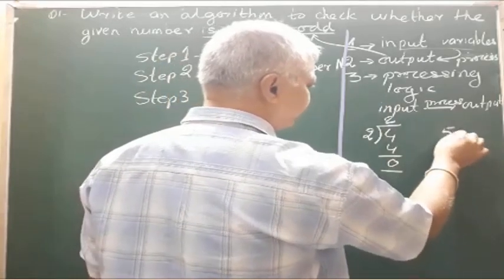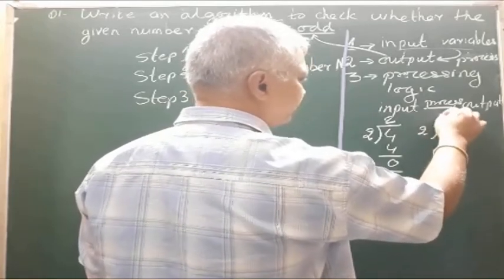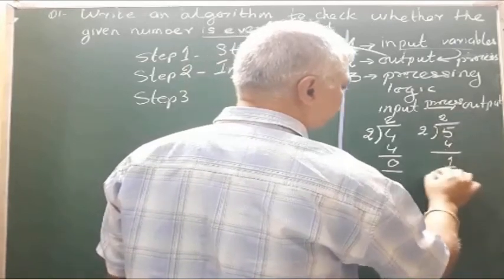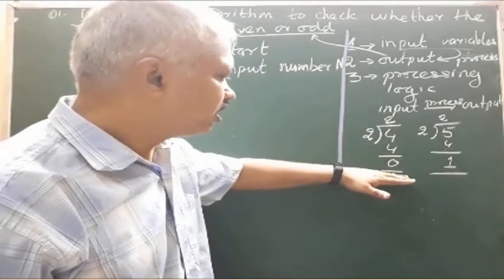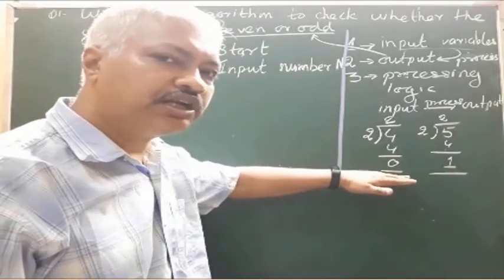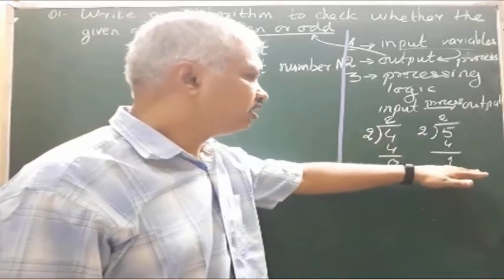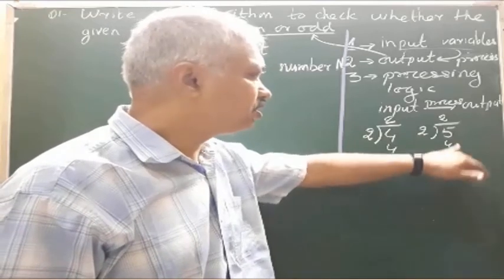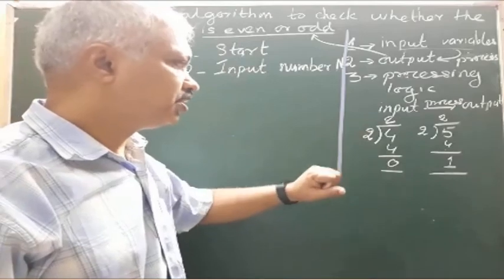If I take 5 and divide by 2, the remainder is 1. Where the remainder is 0, it is completely divisible, so this is an even number. And if it is not completely divisible, as we are getting a remainder, this is an odd number.